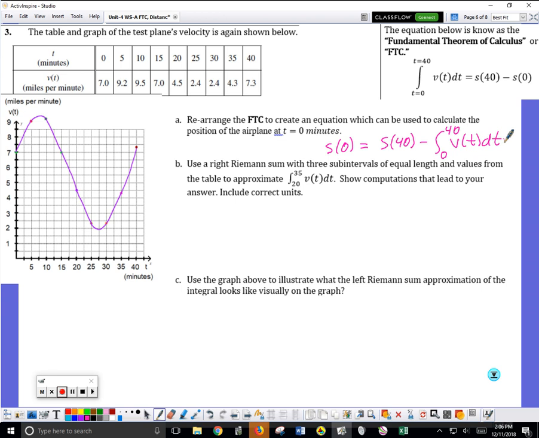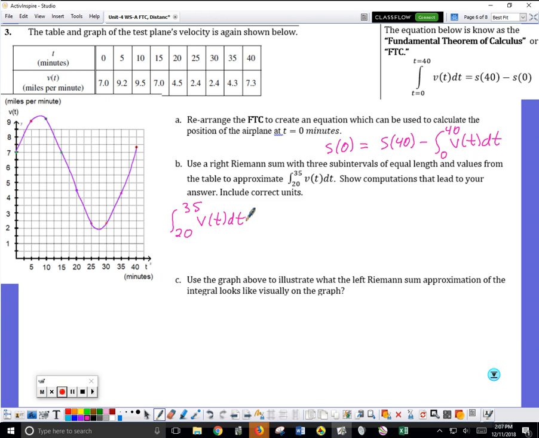Okay, now it says use a right Riemann sum with 3 subintervals of equal length and values from the table to approximate this integral. So you're all going to do that on your own real quick. As I said a minute ago, there's no homework tonight. One reason I don't want you doing homework right now is a third of the test involves these big ideas.